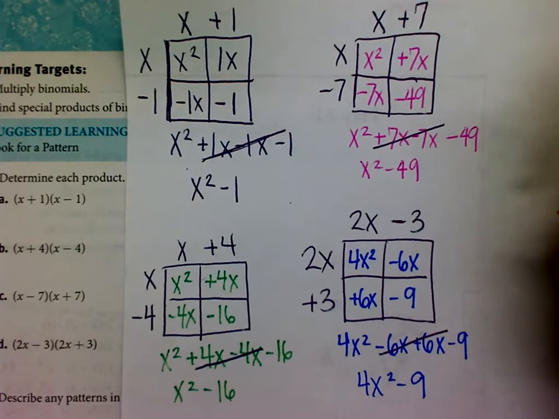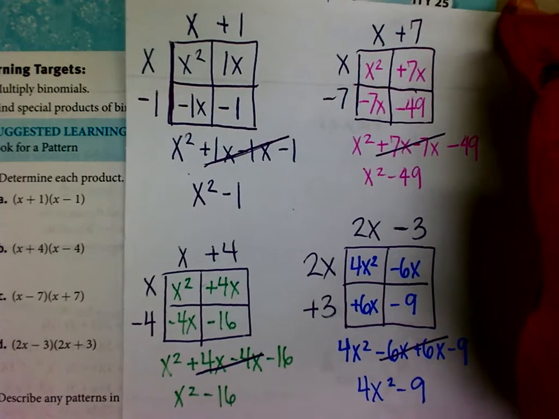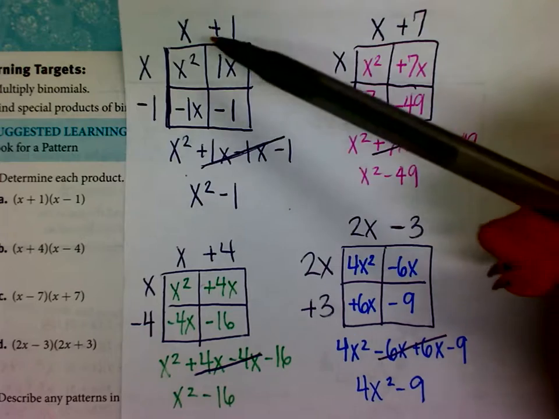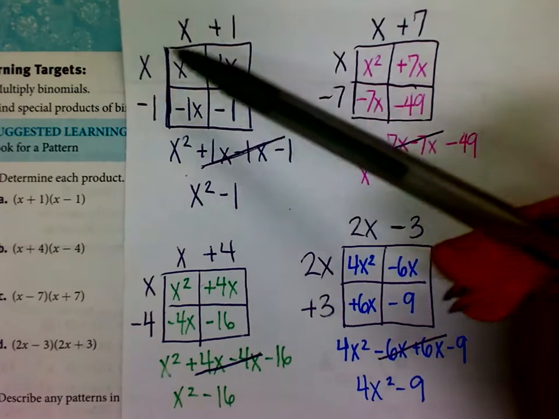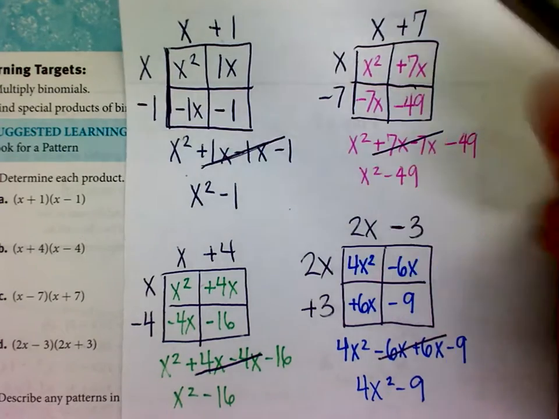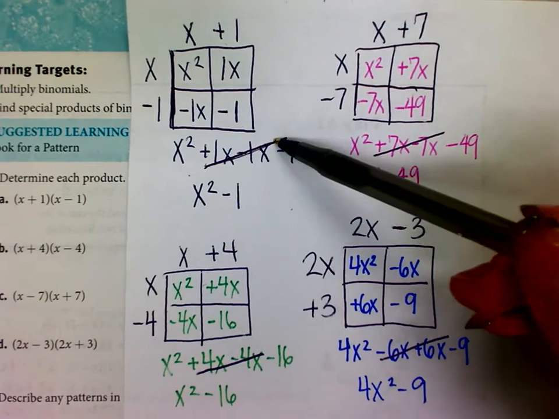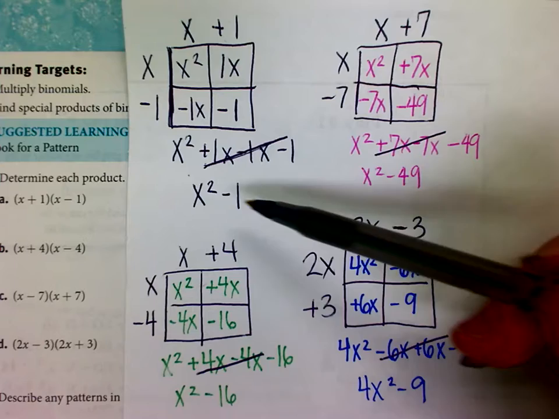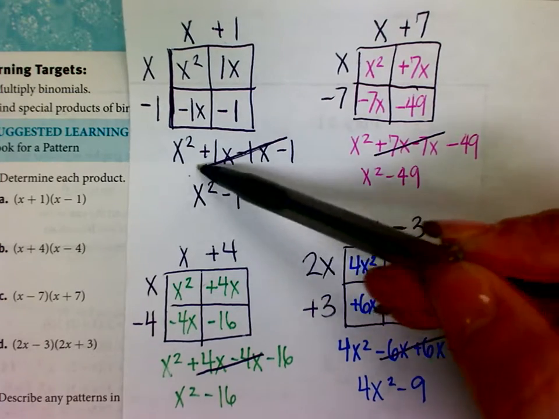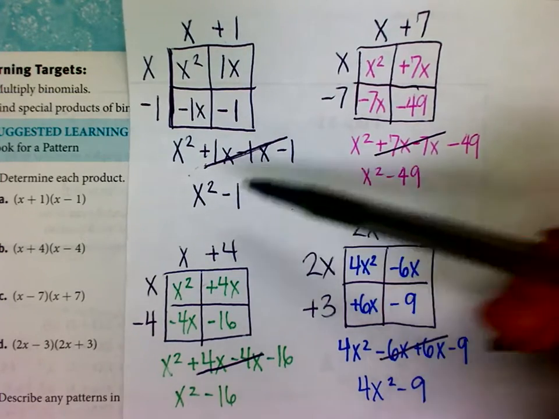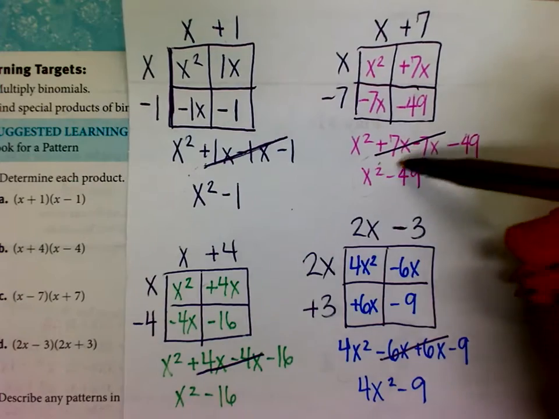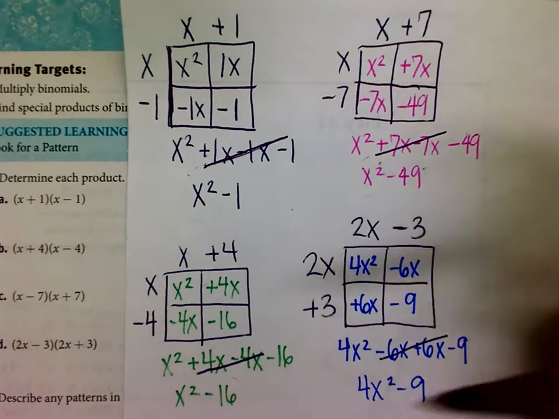These are called the difference of 2 squares, meaning this factor, x plus 1, and this factor, x minus 1, produces a 0 pair of x's, resulting in just a squared minus b squared.